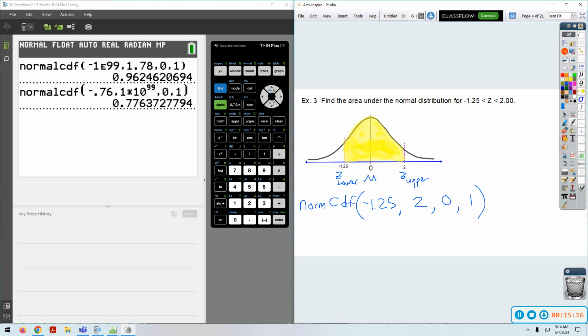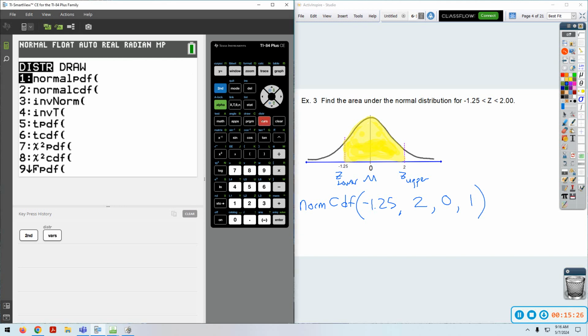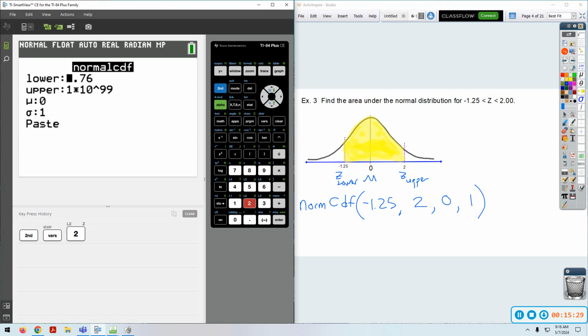And then from there you plug it into the calculator. You're going to hit second, and then you're going to go to your variables, your distributions. Again, number 2 is the normal CDF. You're just going to type in the lower bound, which is negative 1.25. Hit enter, and go to your upper bound, which is just a z-score of 2.